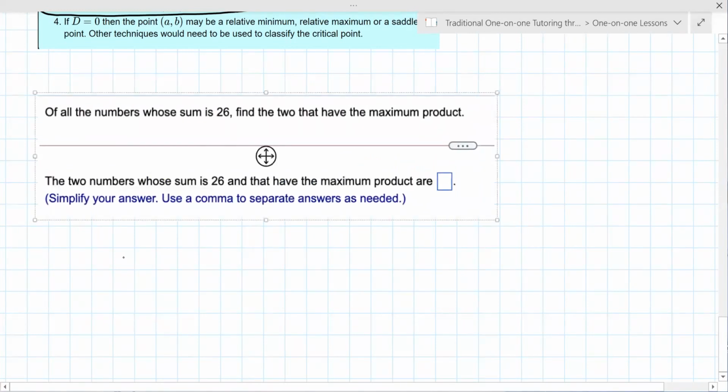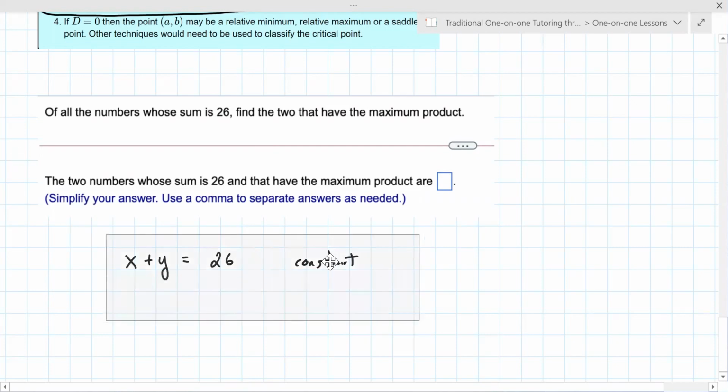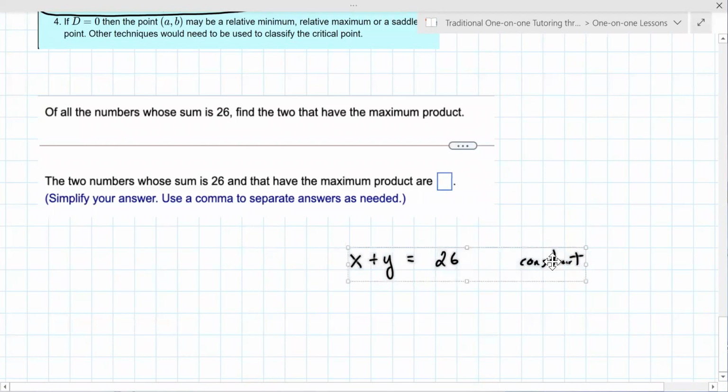So here again, this is x plus y equals 26. That's your constraint. So that's usually what comes second. And then you're trying to maximize f of xy equals x times y.